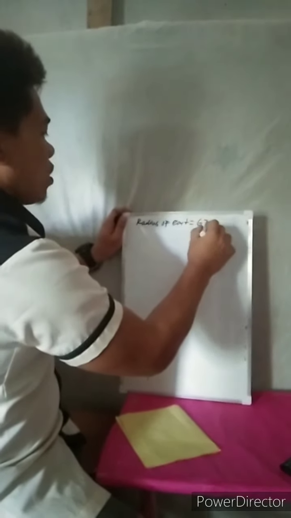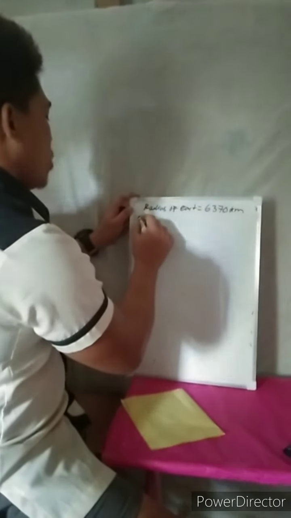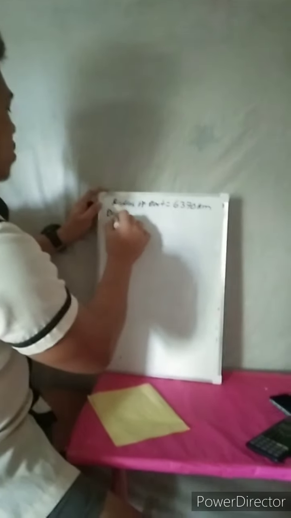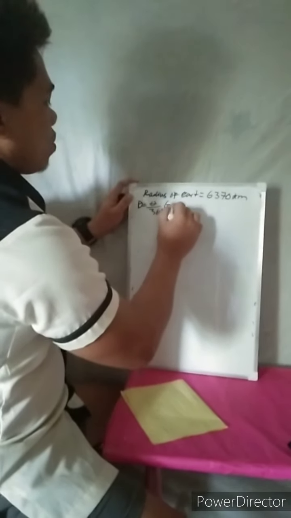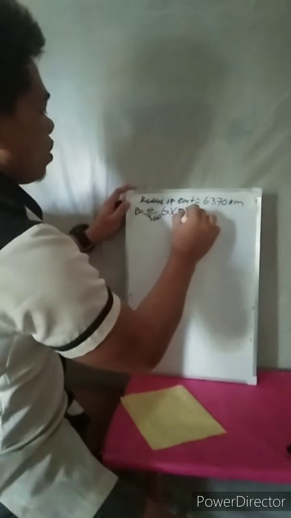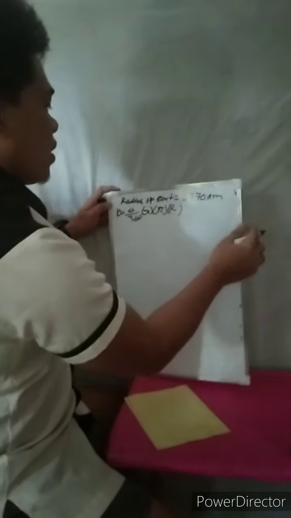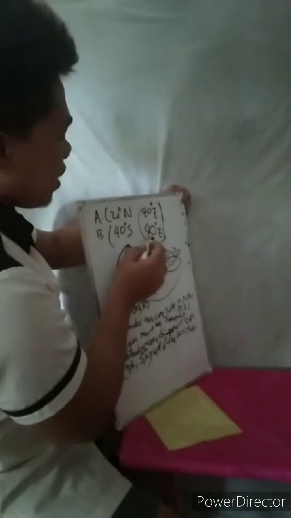equals 6,370 kilometer. Then equation distance equals theta over 360 times 2 times pi times r. So giniha ang may nakuha kita kay parehas ang ilang nga side, so dapat subtract nato.